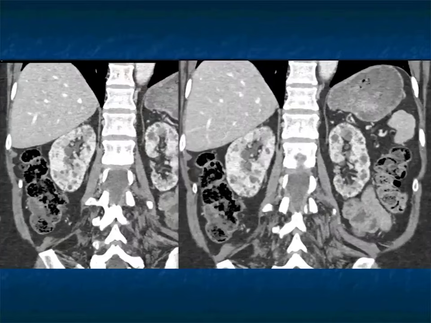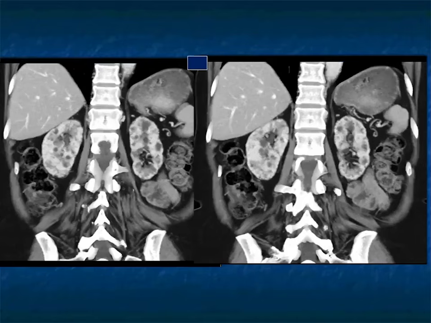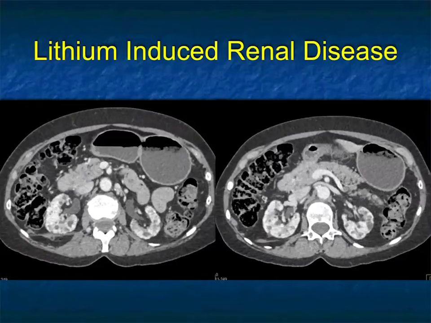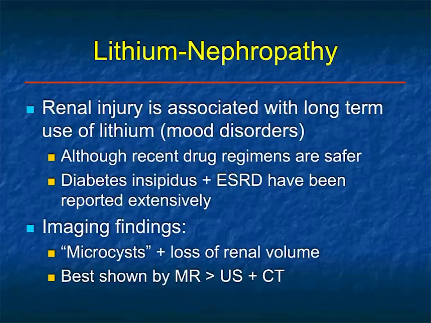And the second case looks almost identical, right? Multiple cysts in the cortex, they're really tiny, well under a centimeter in size, several of them only a couple millimeters. And what are you dealing with? Lithium-induced renal disease. Patients on lithium for some of the things like depression, they're on it for a long time, they could get lithium-induced renal disease, and it presents with multiple tiny renal cysts, okay?